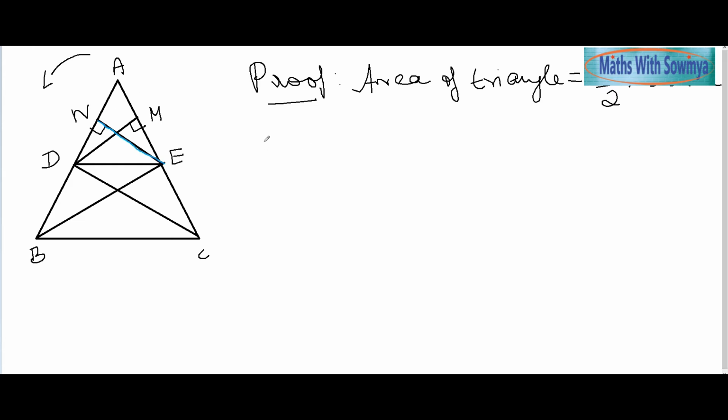So first I am taking the area of triangle ADE. In this triangle ADE, suppose I take AD as the base, then EN is the height. So half into AD into EN.